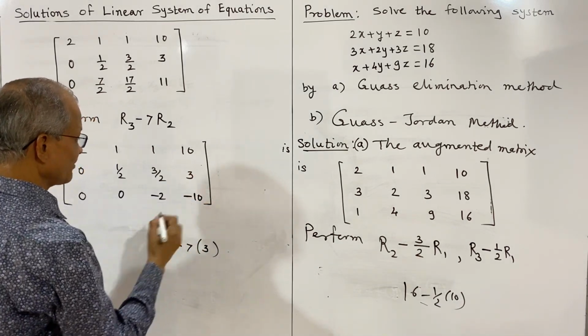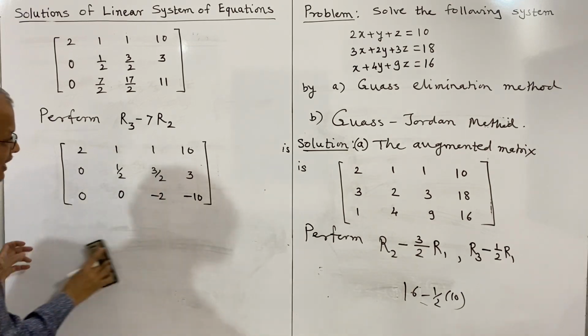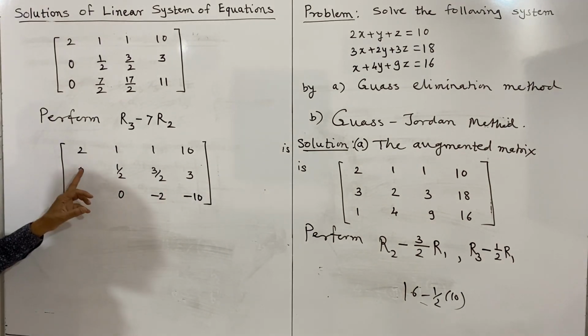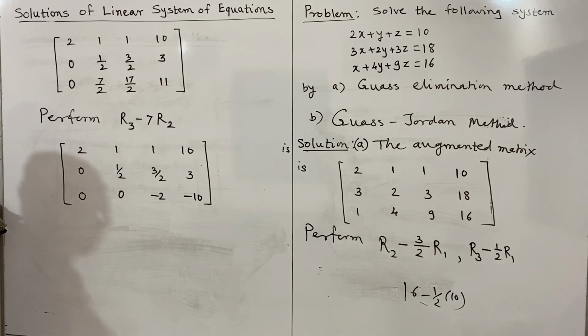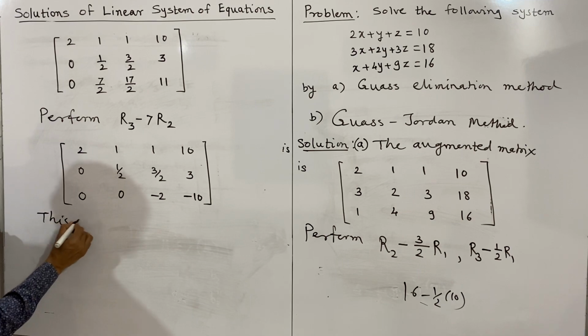This is the augmented matrix we have obtained, and thus we have converted the augmented matrix into an upper triangular matrix, and we now rewrite the system in usual form.